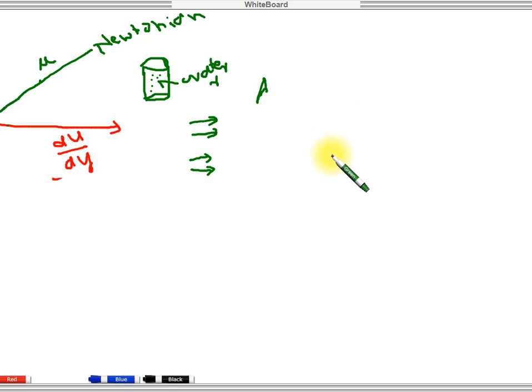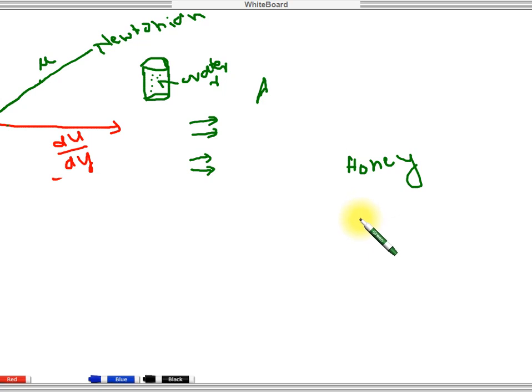Okay, this is a mini assignment for you. Take honey in a glass and observe this honey in the glass before shaking.